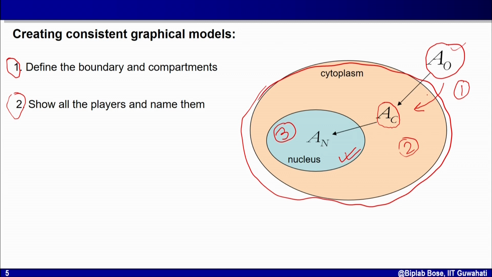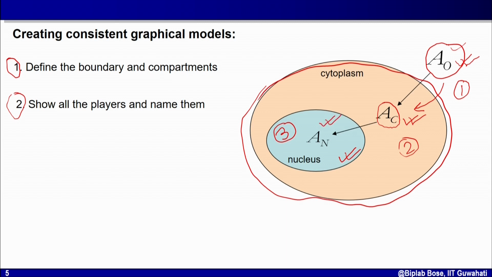This type of naming the same molecule by different names when they are in different compartments has a particular advantage. Because now I can count and keep track of how many A are present outside the cell, because I will record the number or the values of that as the value for AO. I can also keep a record of how many AC are there, that means how many A molecules are in cytoplasm, and I can separately record how many AN are there inside the nucleus.